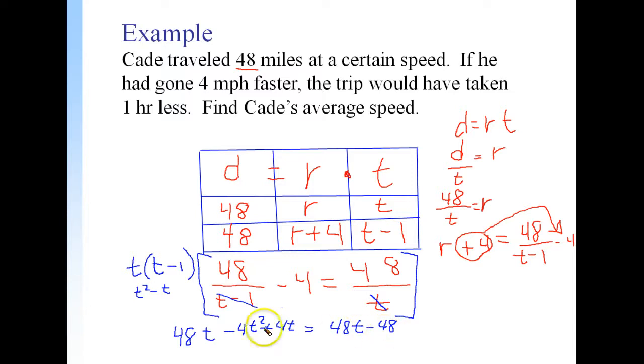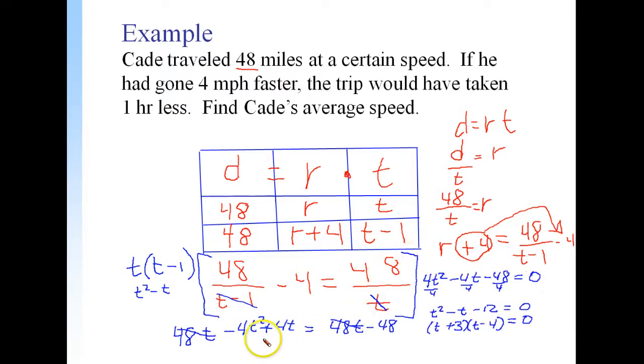Now what I'm going to do is group like terms. As we work this now, I multiplied through. I got this, collecting like terms. Now I see a 48t on this side, 48t on that side. I can just subtract those out.